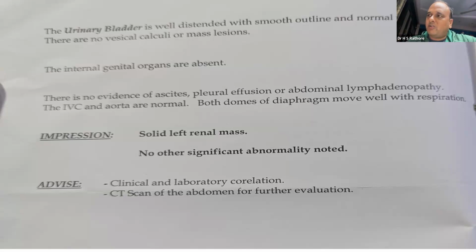It already looks endophytic in the ultrasound, but CT has better characterization. Also how the rest of the kidney is functioning. And I want to know the lymph node status, or if there is any sign of metastasis. Let's put the picture of the CT scan and then he can talk.